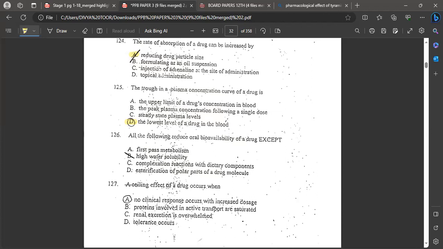Well, okay, we know A and C are true, right? Yeah. So when a polar part undergoes esterification, how does it affect solubility? Is it more soluble or less soluble?